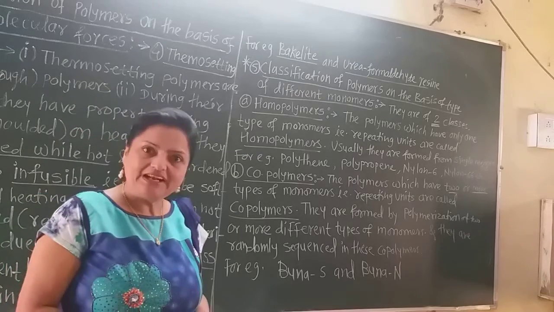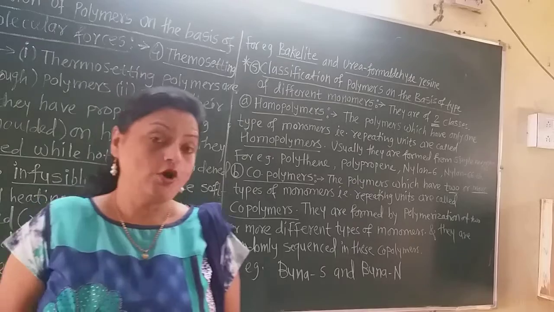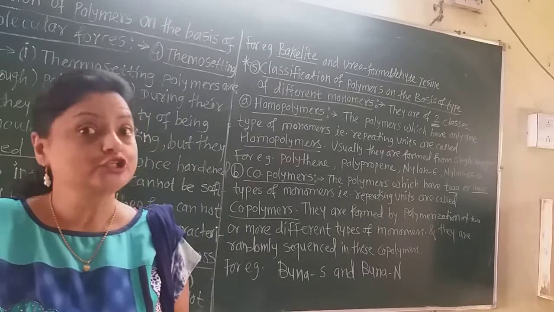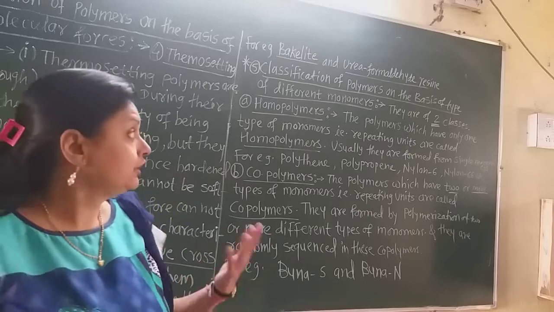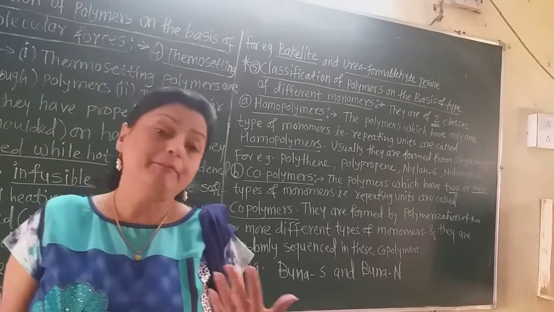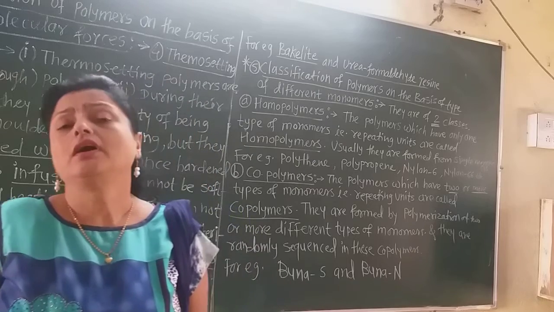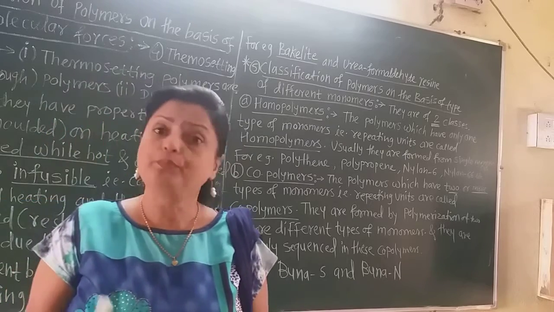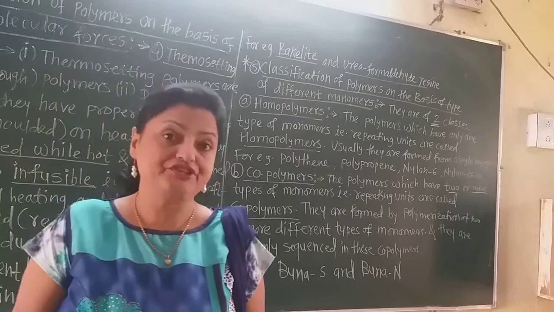The best examples are Buna-S and Buna-N. We will see the preparation of Buna-S and Buna-N in the next topics. We will see the preparation of Buna-S, Buna-N, urea formaldehyde resin, bakelite, nylon 6, nylon 66, and so many other polymers that we prepare by using different monomers.